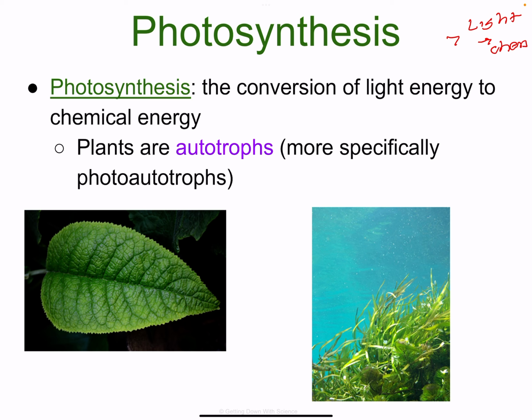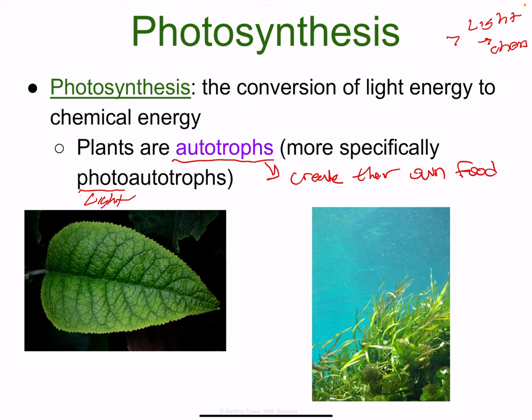Also remember that plants are known as autotrophs, right? And then if we really want to get specific, we can call them photoautotrophs because they use light. And just remember that autotrophs create their own food, right? So they're able to generate their own food so that they can survive, right?